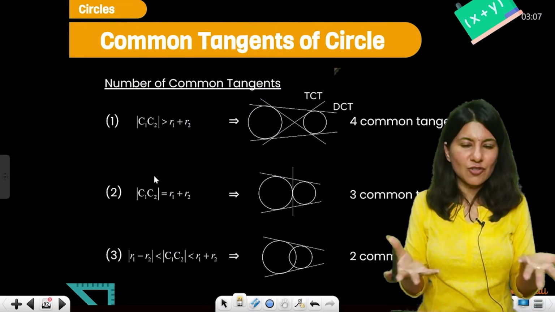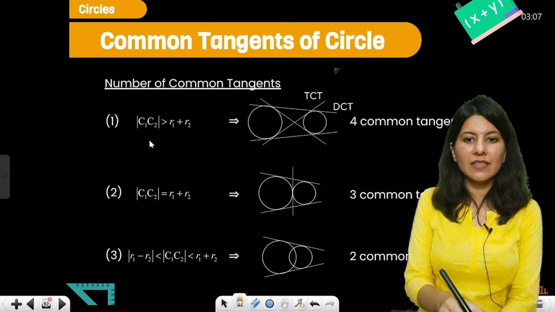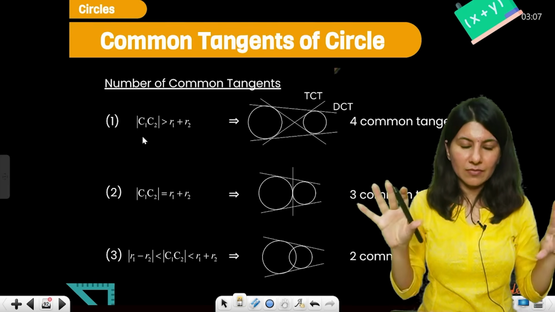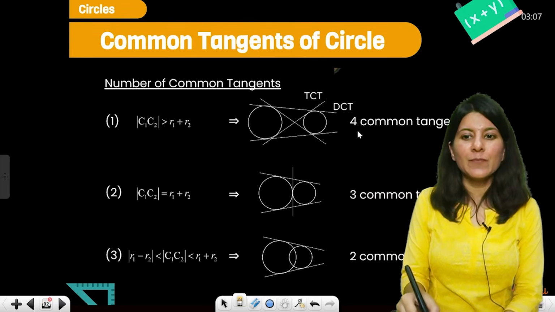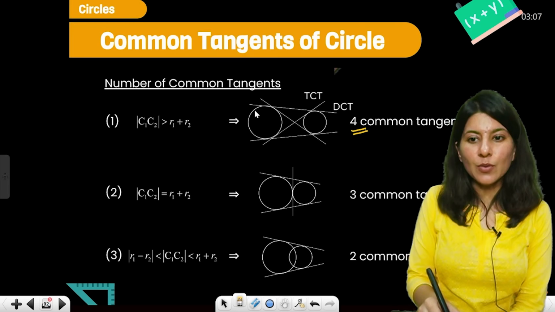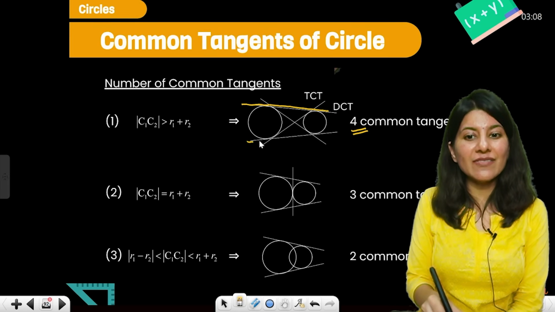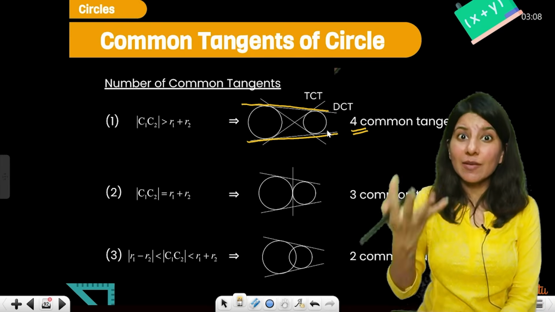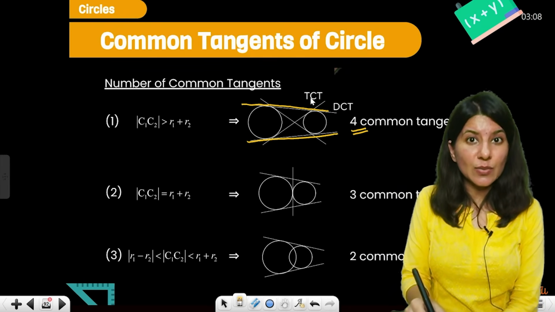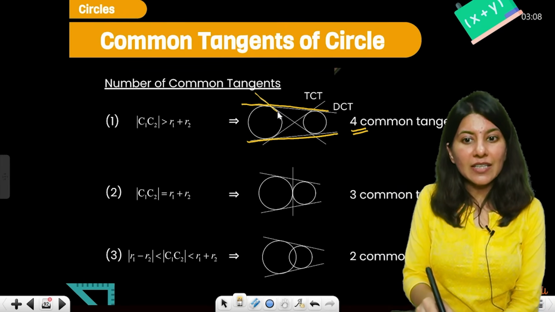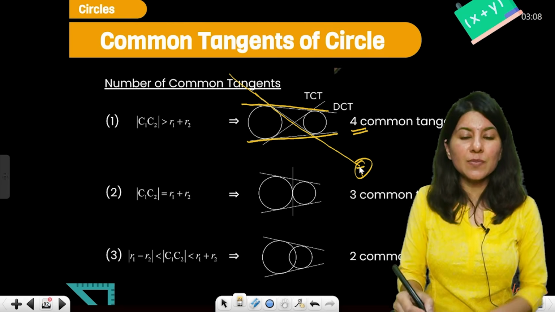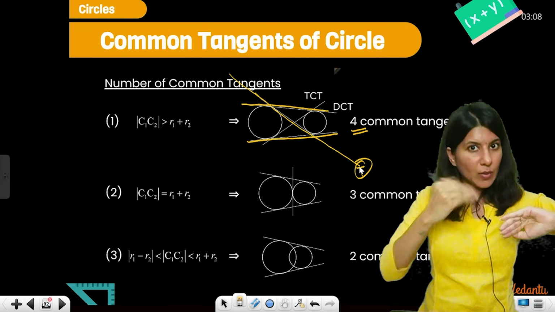Now, this is the chart basically. When two circles are separated from each other, there will be 4 tangents. Direct means the tangent is lying on the same side of both circles. Transverse common tangent means one circle is lying below and one is above.